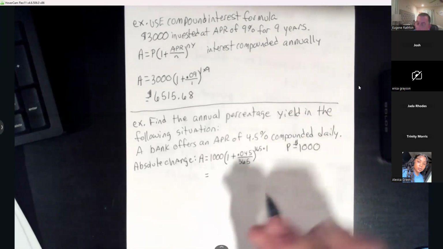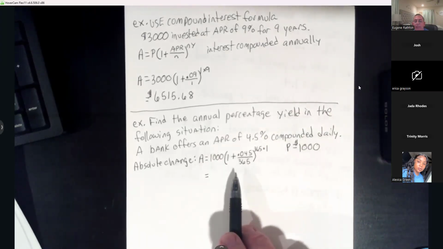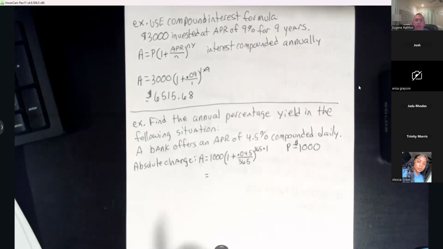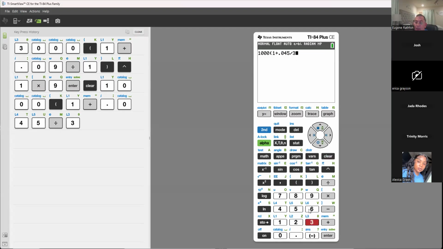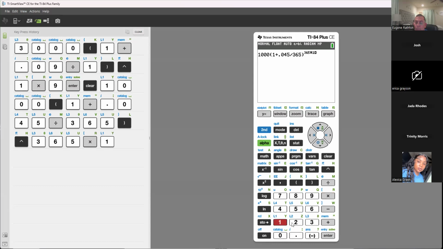So we'll punch this in and then see how much it grew from that $1,000. That'll be our change, okay? So y'all, we're going to go plug that in our calculator. So we had 1,000 parentheses 1 plus 0.045 divided by 365, close parentheses, arrow up for the exponent, and that was 365 times 1.